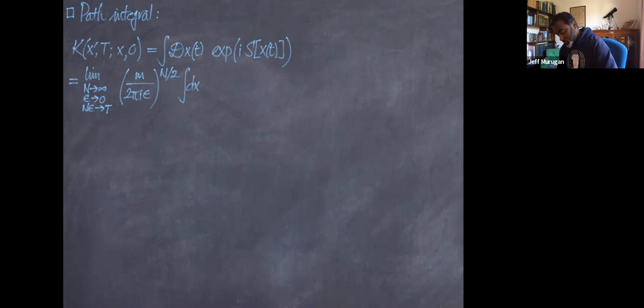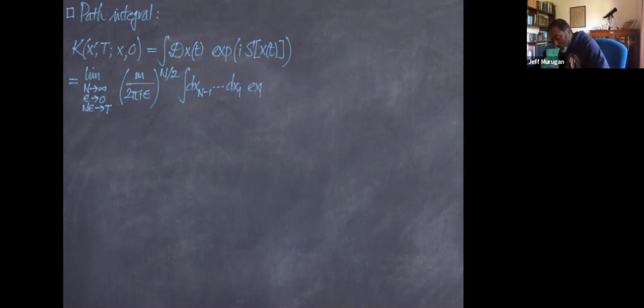Then I had some integrals to do. In fact, I had n minus 1 integrals to carry out. The n minus 1 integrals are taken over the intermediate states, x1 through to x_{n-1}, with x0 being x and xn being x prime.